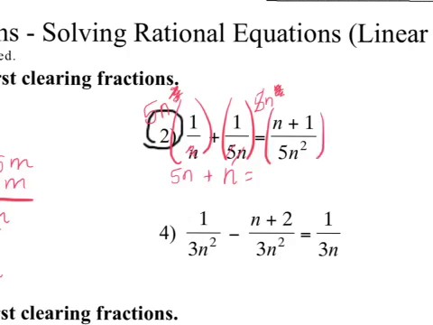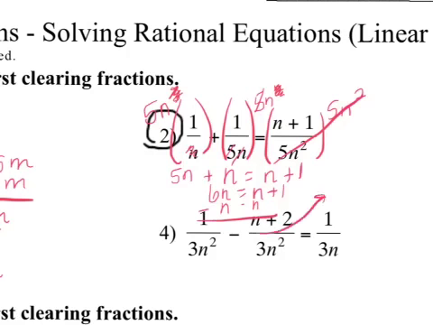And when I multiply the last one by 5n squared, the 5n squareds cancel out. I'm left with n plus 1. 5n plus n gives me 6n equals n plus 1. I'm going to subtract an n from each side, which leaves me with 5n equaling 1. Divide by 5 on each side, and n equals 1/5.